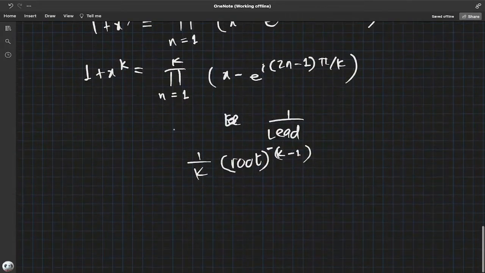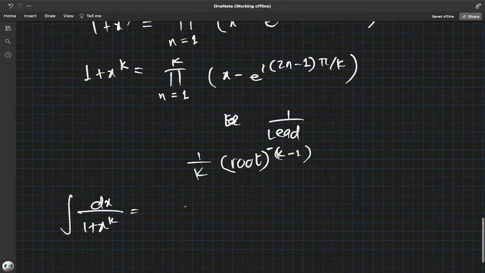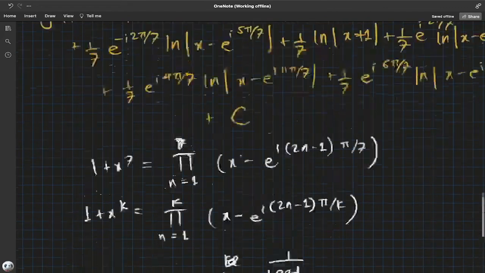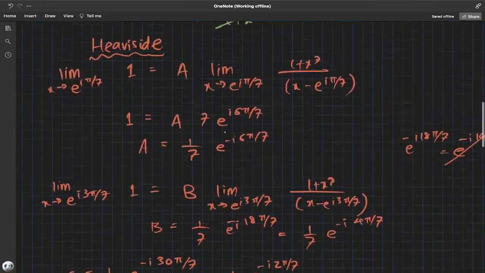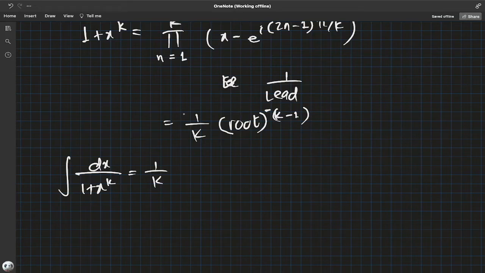In the case where we have a k, we have k roots. So if you do this general observation, you're going to have as your integral, your antiderivative, 1 over k outside, because if you notice we had 1 over 7, that was the same for all of these regardless, and we have again this algorithmic form for it.